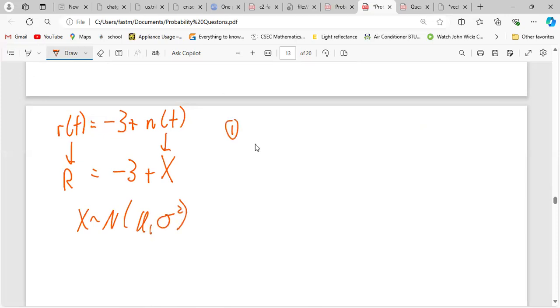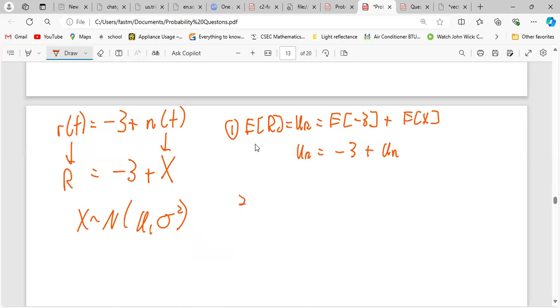The first thing we need is the expectation of R, which is mu R, equal to the expectation of minus 3 plus the expectation of X. So this mu R will just be minus 3 plus mu n, and then the variance of R is the variance of minus 3 plus the variance of X.